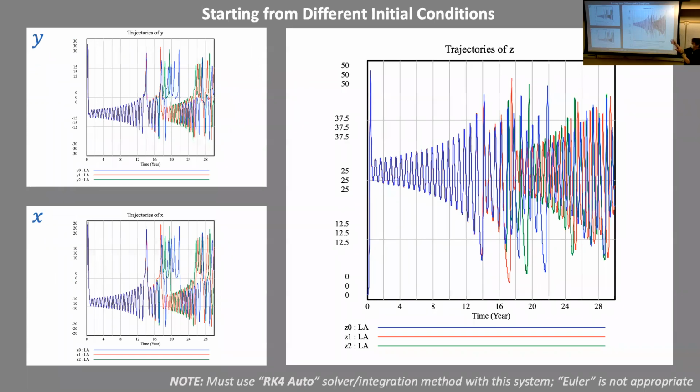In order to make this simulation work properly, you have to change that to this thing called RK4 Auto. Way outside of the scope of this class to understand why. But if you want to try to generate these results at home and you're not getting the results that I get here, it's because of that. If you've taken a differential equations course, then you can start getting into what this comes from. But that's what this note is down here.